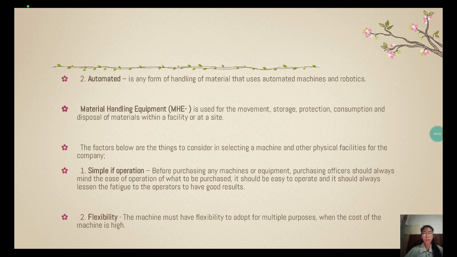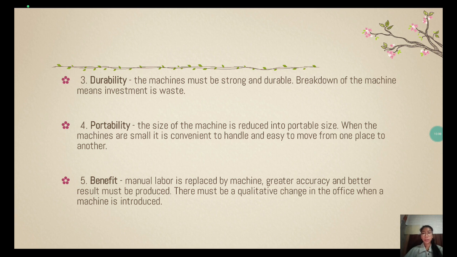It also describes how a system can change the order of operations on a specific part. Durability. It is the ability of a physical product to remain functional without requiring excessive maintenance or repair. Portability. It is the quality of being light and small enough to be easily carried or moved.